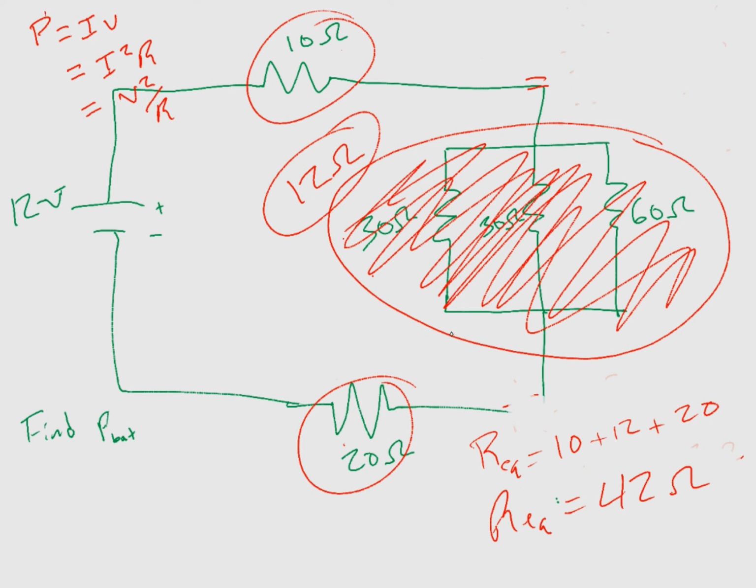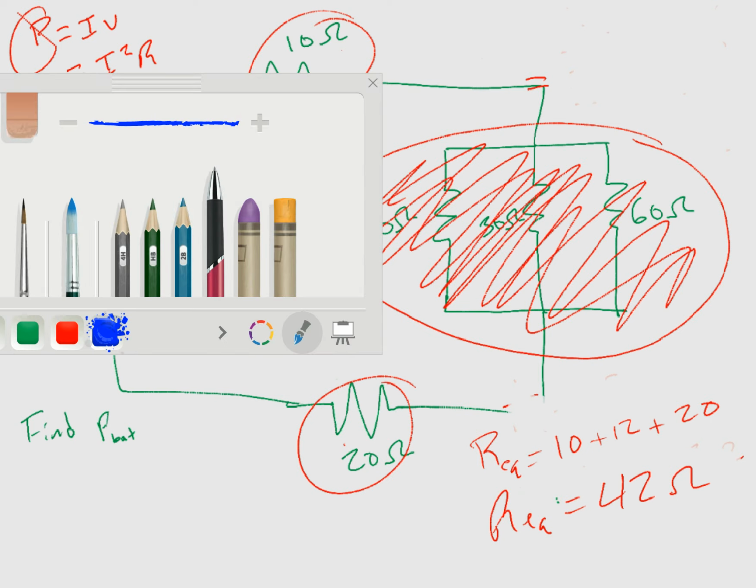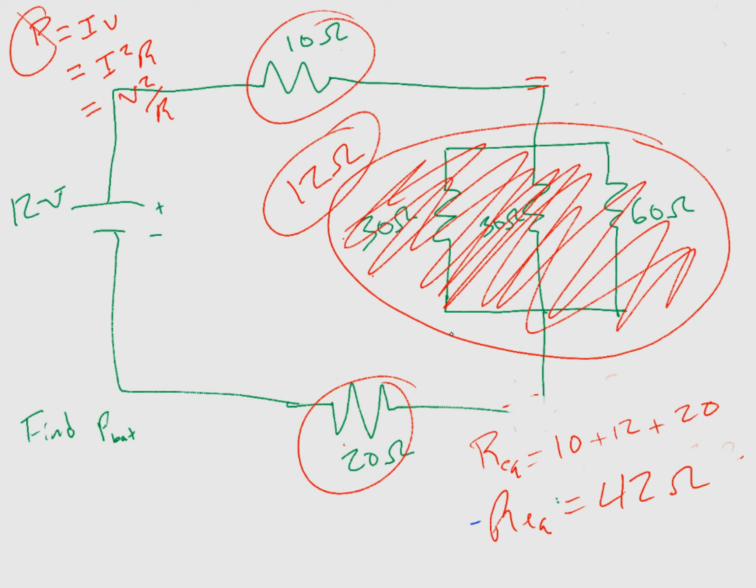Are we done? No, because we're trying to find the power in the circuit. So, at the very least, we found something quite useful, which is the resistance for the whole circuit. But we also know the voltage that is applied to this whole circuit, and that's 12 volts. So basically, we don't even need to find the current.